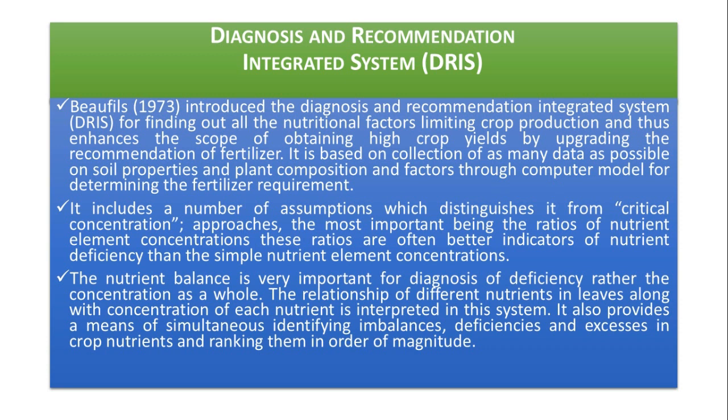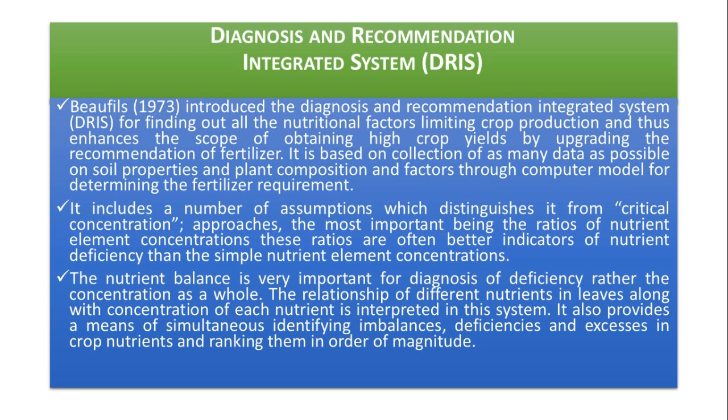It includes a number of assumptions which distinguish it from critical concentration approaches, the most important being the ratio of nutrient element concentrations. These ratios are often better indicators of nutrient deficiency than the simple nutrient element concentration. The nutrient balance is very important for diagnosis of deficiency rather than the concentration as a whole.